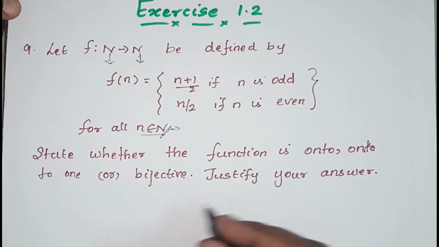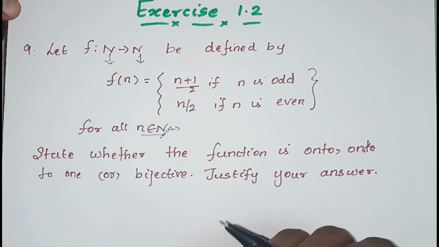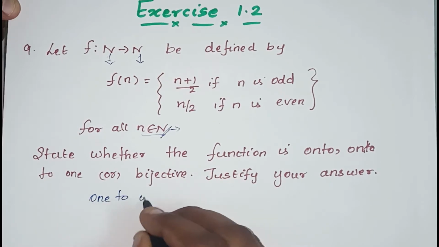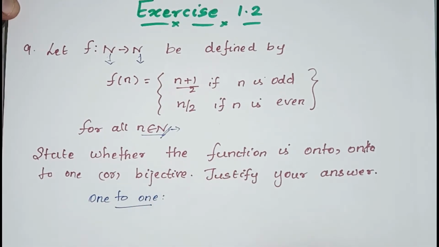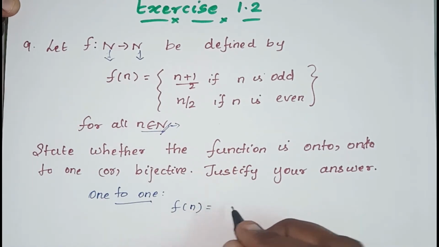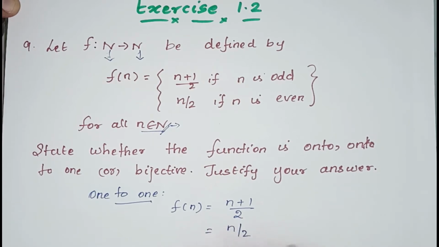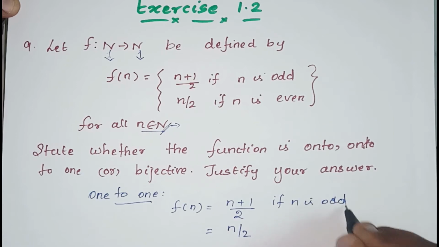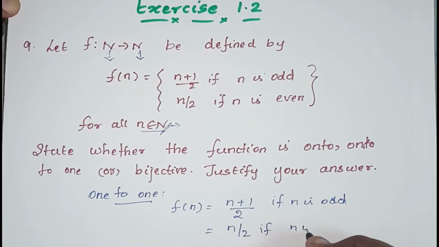First we need to check whether the given function is one-to-one or not. For one-to-one, the function is given as f(n) = (n + 1)/2 if n is odd, and n/2 if n is even. So this is the function given, right?